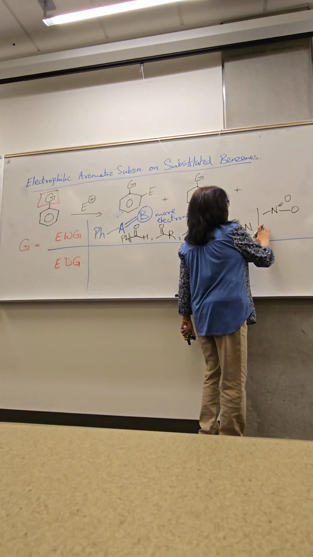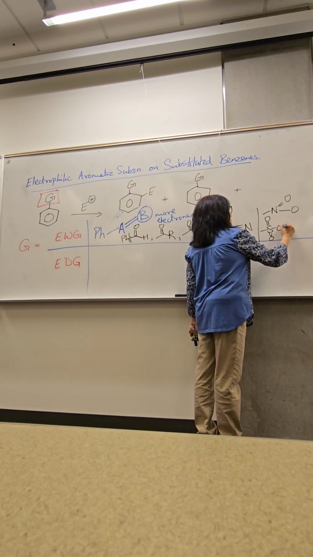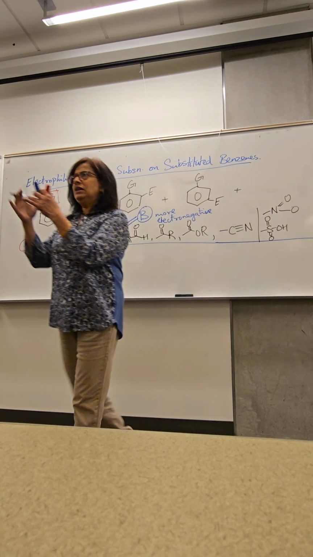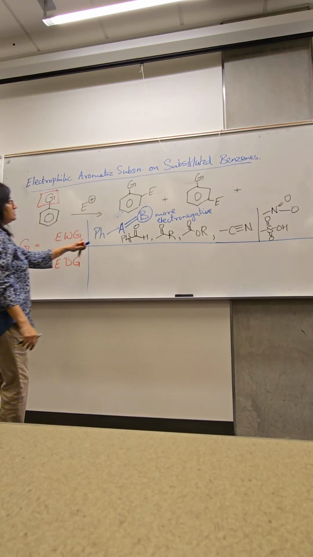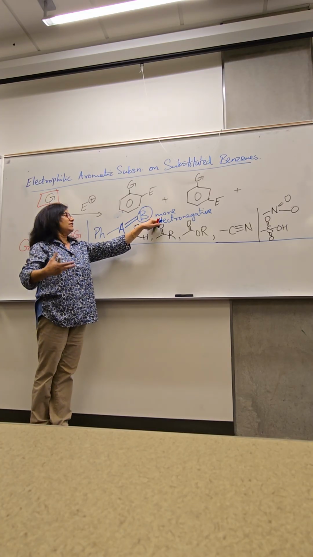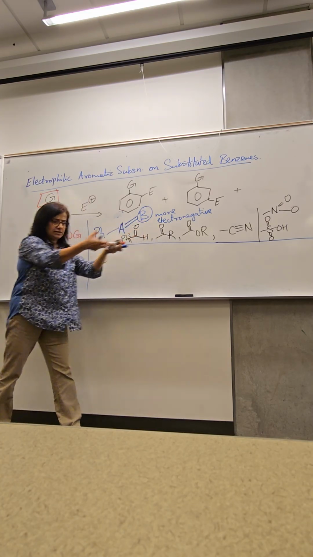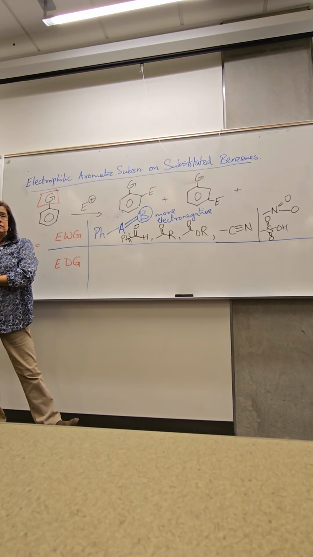There's another one, sulfonic acid, same thing. Structurally, that's the commonality that makes these groups electron withdrawing. The benzene is attached to an atom that is pi bonded to a more electronegative atom, so that guy sucks electron density out due to resonance.